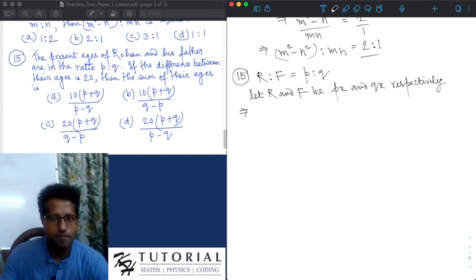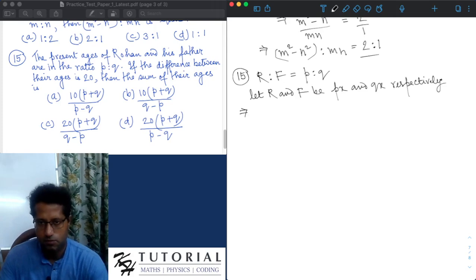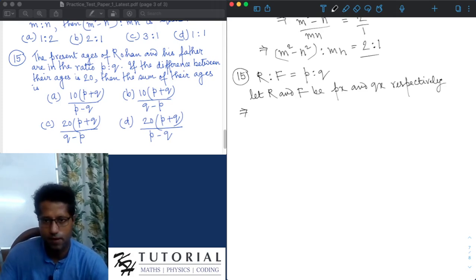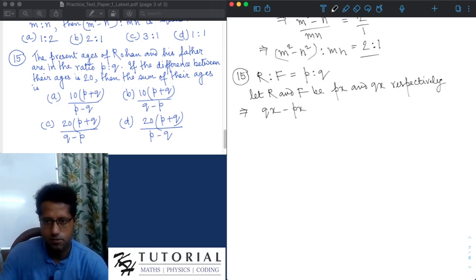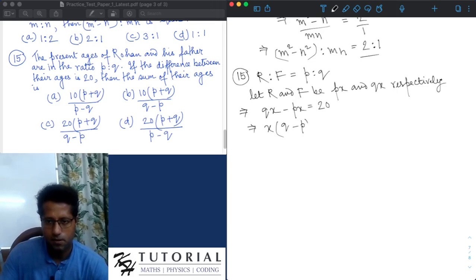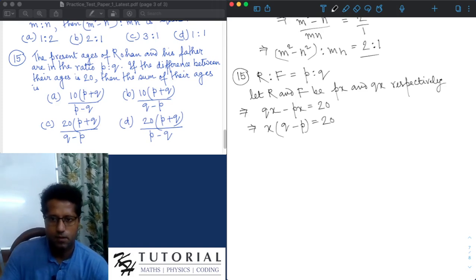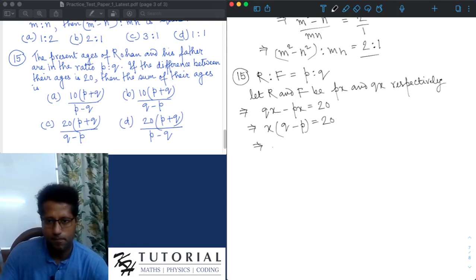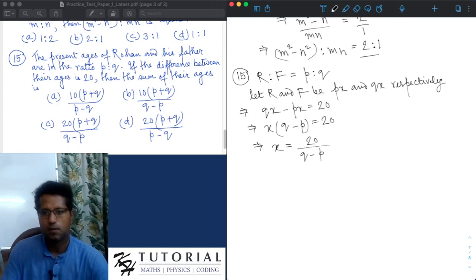It is given that the difference between their ages is 20, so definitely father's age is more than Rohan's age. So we have Qx minus Px equals 20. This implies, if I take x common, that x into q minus p equals 20. This implies that x equals 20 divided by q minus p.